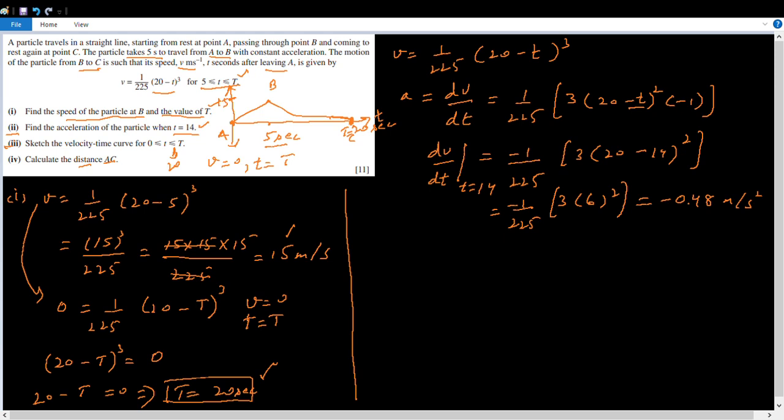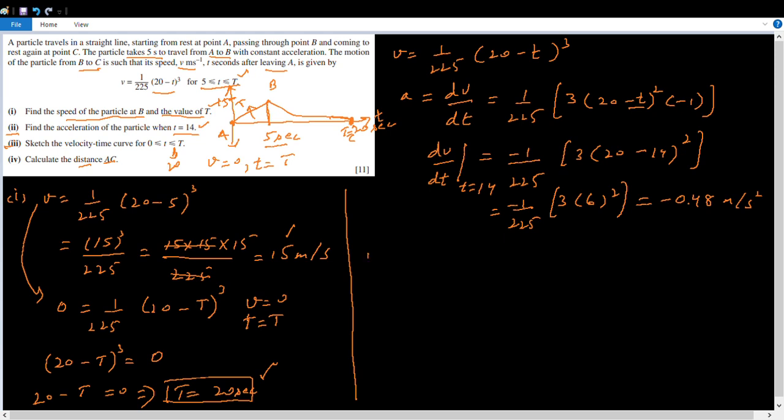Because we are supposed to find the distance, it is always the area under the curve, so we will find the area. This is a straight line and this is also a straight line, so this will become a triangle, and this is a curve. The triangle's area you will find by using the formula.